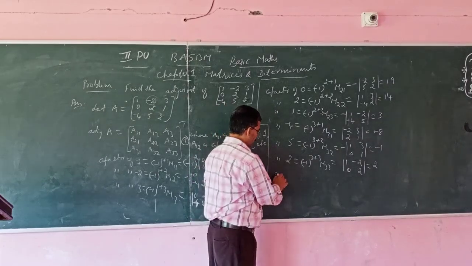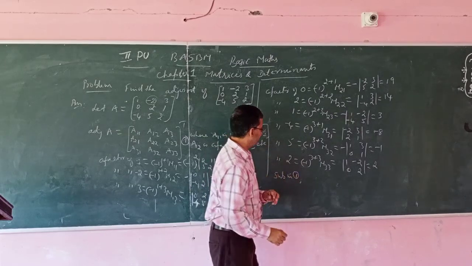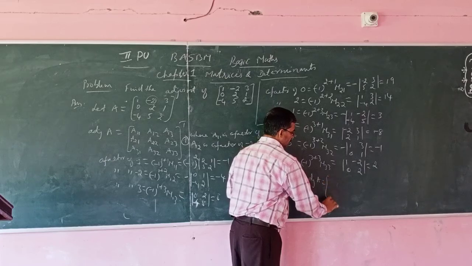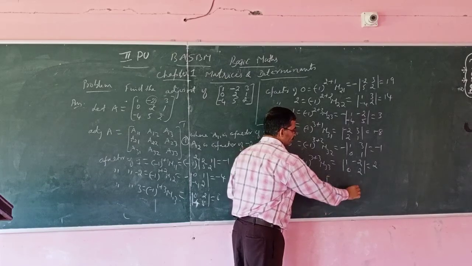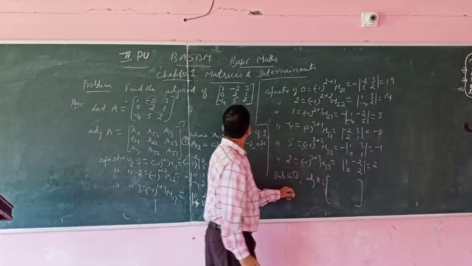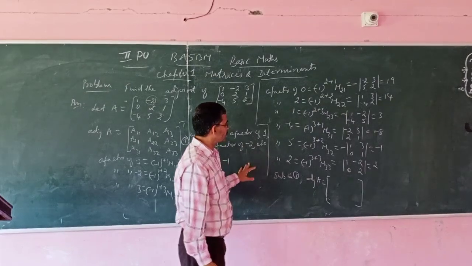Therefore, substituting in the equation, what is the adjoint of A? The adjoint of A equal to, so substitute all the values. All values are available. One by one you have to substitute.